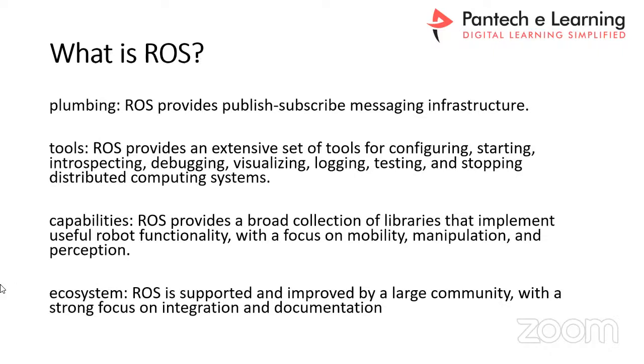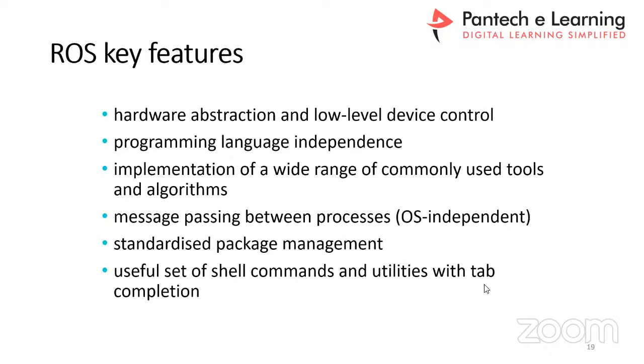these functionalities. Then in ecosystem, ROS is supported and improved by a large community with a strong focus on integration and documentation. Then some key factors like hardware abstraction and programming language independence. To develop a single ROS system, you may have to program in multiple languages.